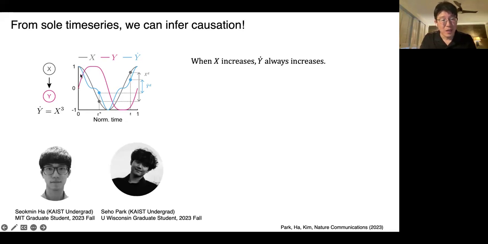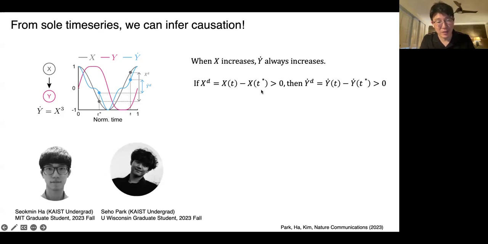So for this time series data, let me pick any two time points which satisfy this inequality. Let's pick the time points t and t star, where x_t is greater than x_t star. So the x difference is greater than 0.